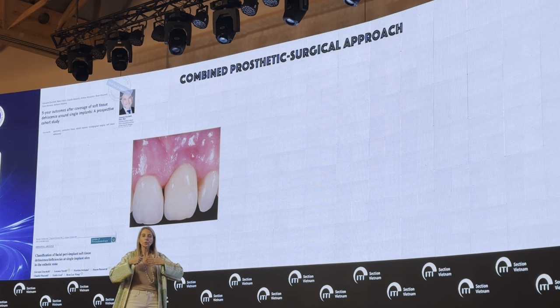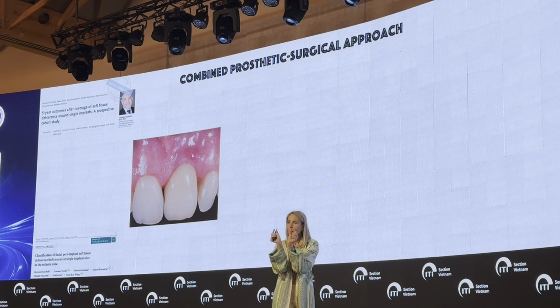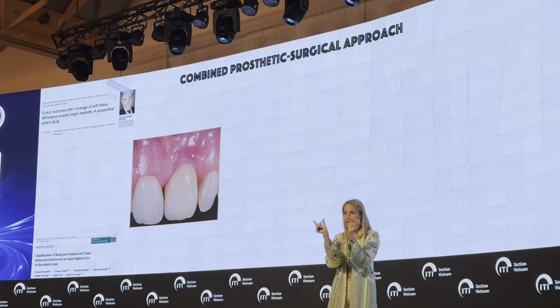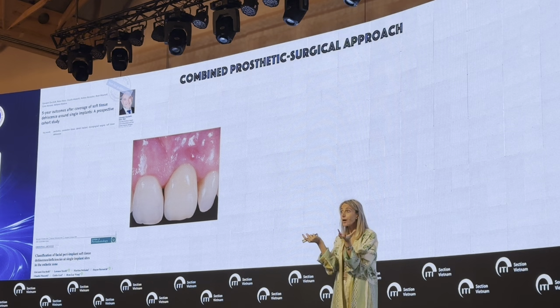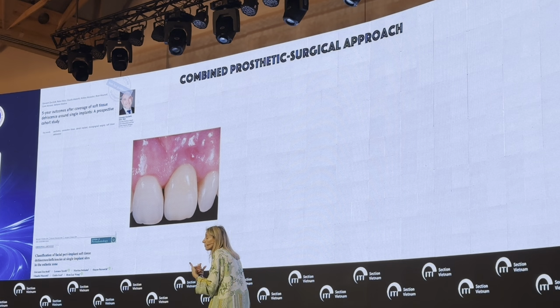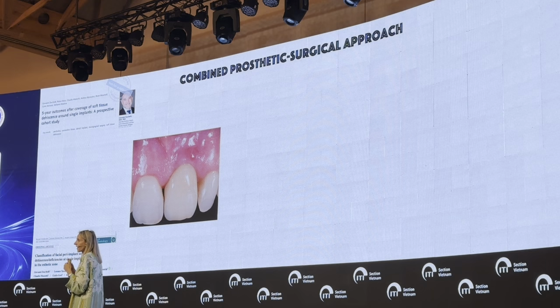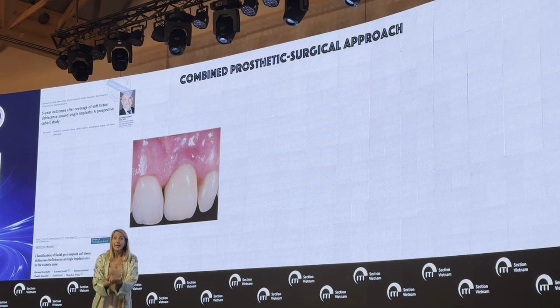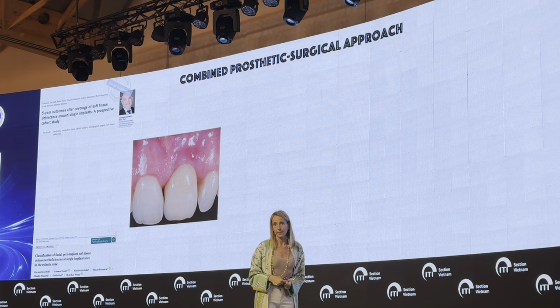It is not a huge coronal increase of the soft tissue, but it's an improvement in the width of the soft tissue. So the final amount of interproximal soft tissue that will provide the vascular supply to the surgical papilla increased dramatically, providing enough vascular supply for the surgical papilla of your flap.